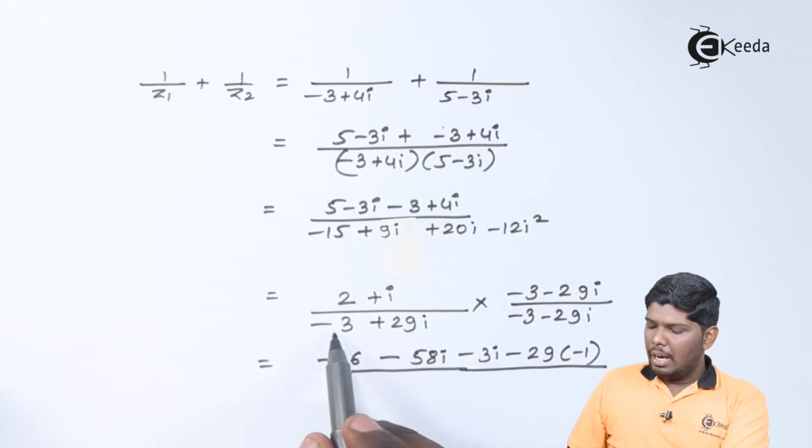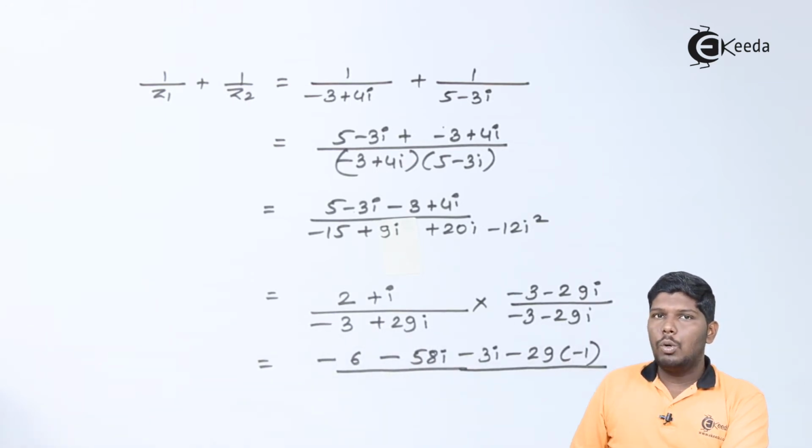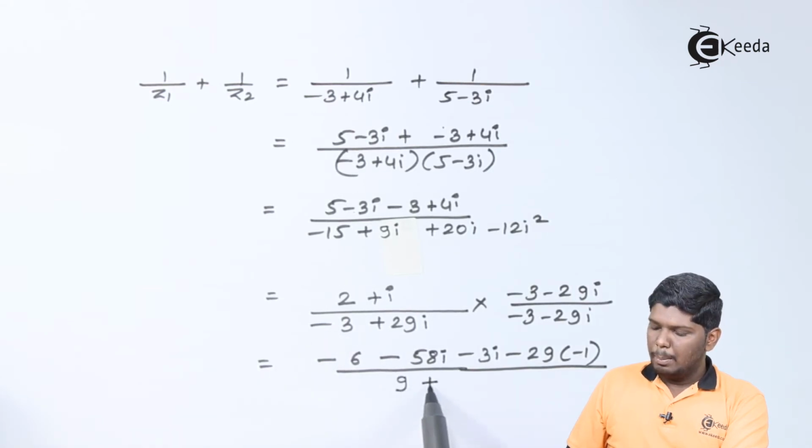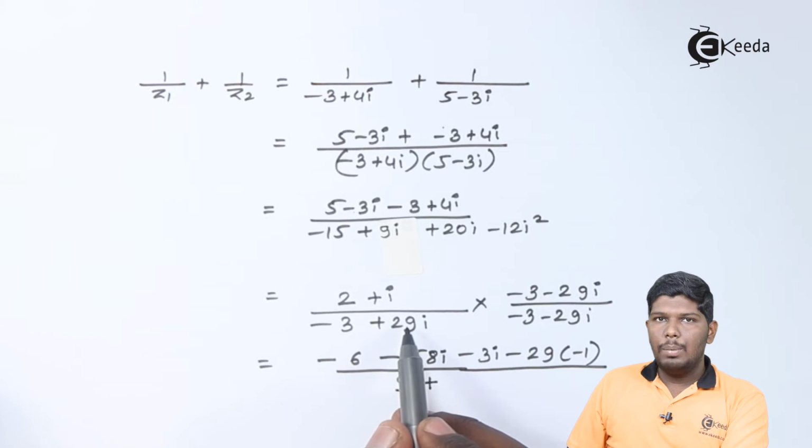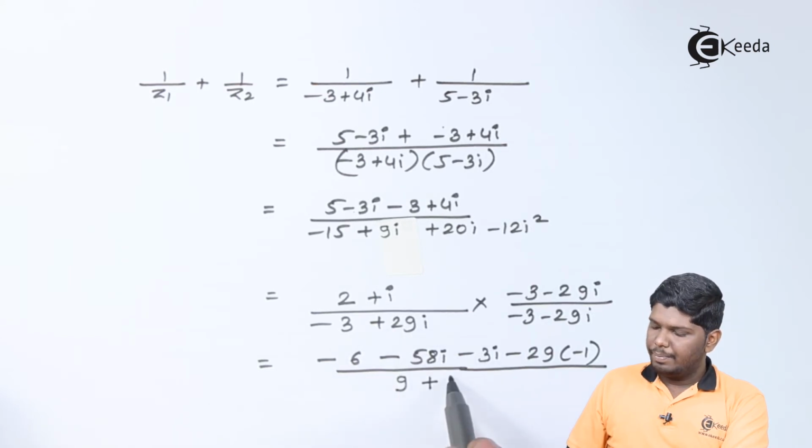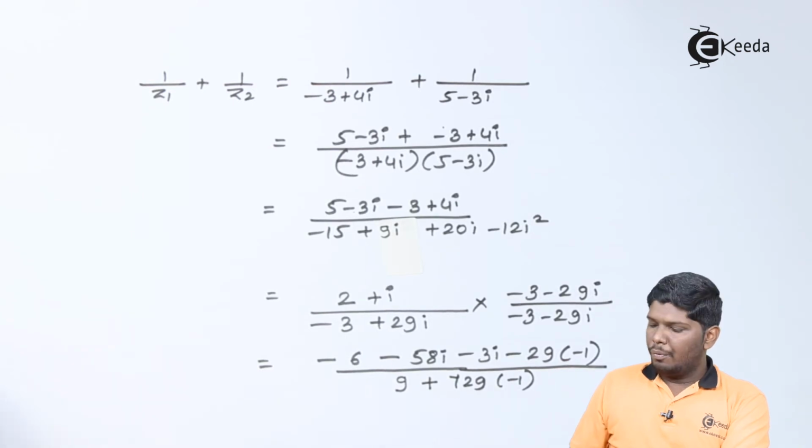In the denominator we have a plus b and a minus b, that will give you a square minus b square. So minus 3 the whole square will give you plus 9, plus 29 square will be equal to 729. i square will be equal to minus 1. On further solving, we have minus 6 plus 29, that will give you plus 23, and minus 58i minus 3i will give you minus 61i.